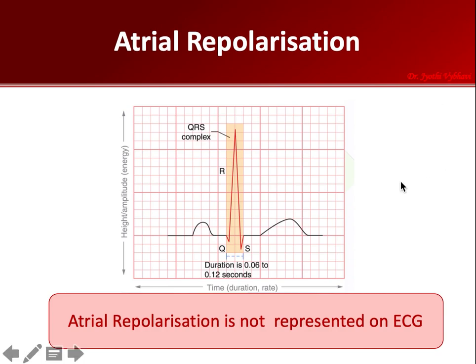I'll repeat it. As soon as the SA node fires, there is atrial depolarization, which travels to the AV node and the ventricles start depolarizing. When ventricles are depolarizing, atria are repolarizing. Hence, the atrial repolarizing current also is produced.